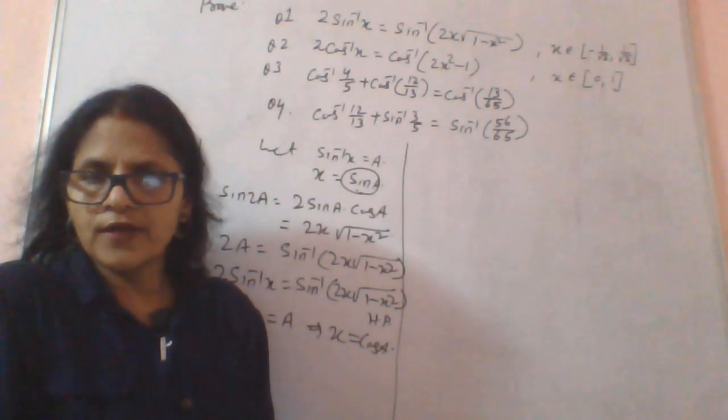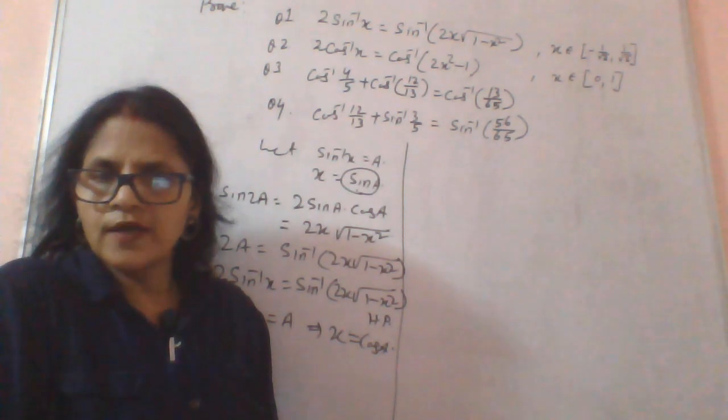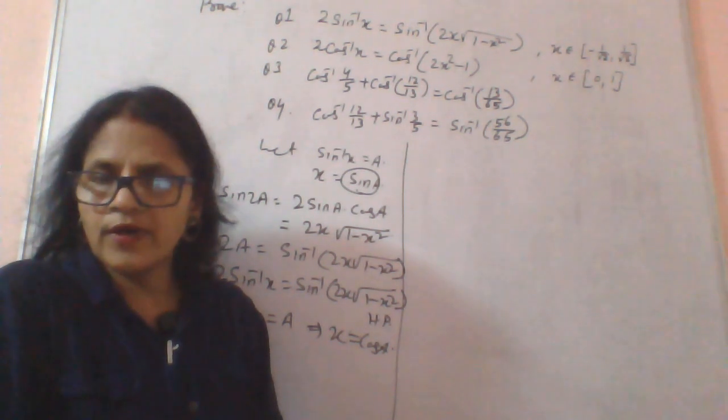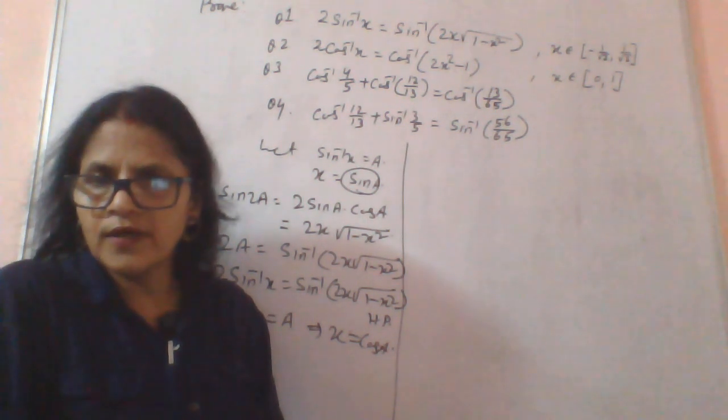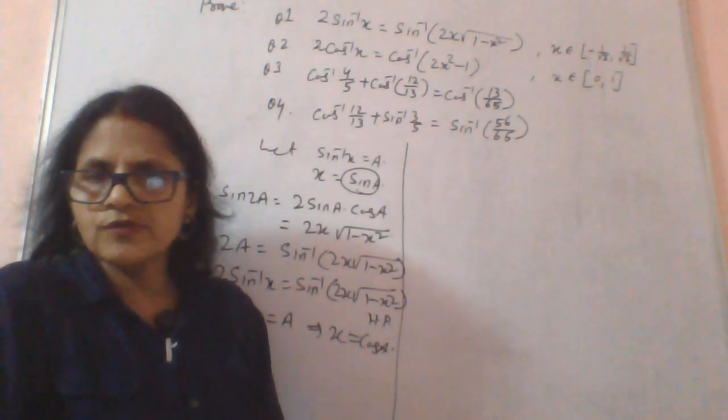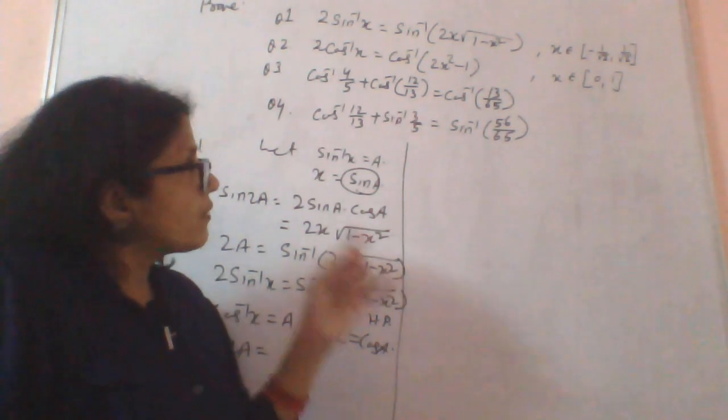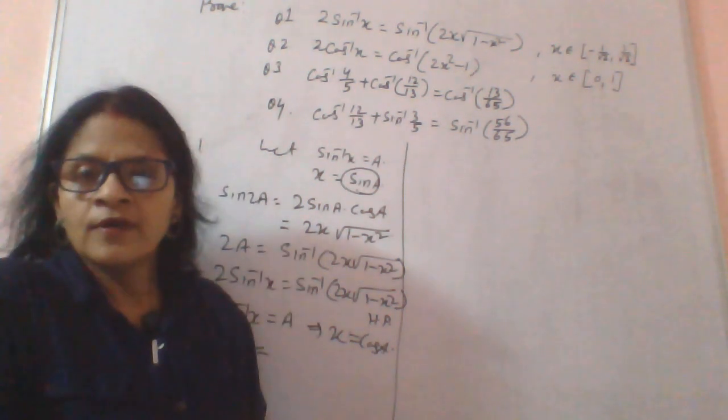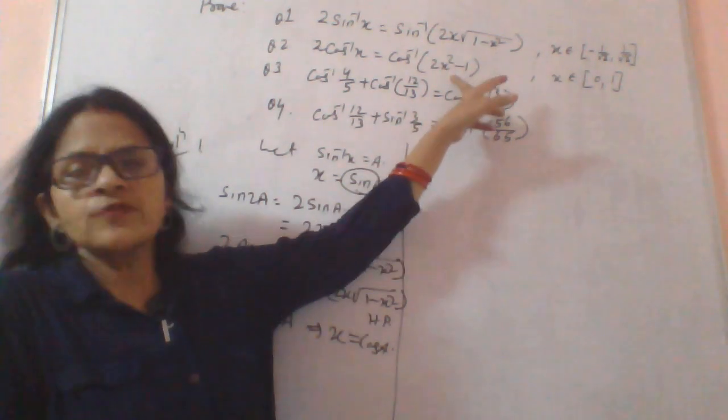Whenever we write cos 2a, it may be cos square a minus sin square a, or 2 cos square a minus 1, or 1 minus 2 sin square a. Out of these 3 cases, which case will suit here?